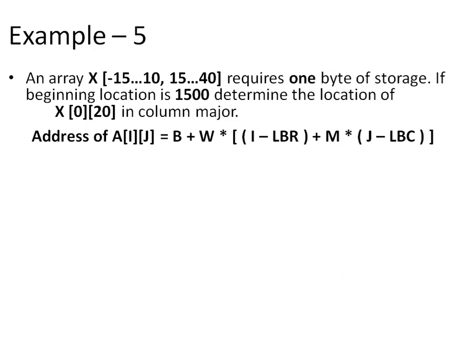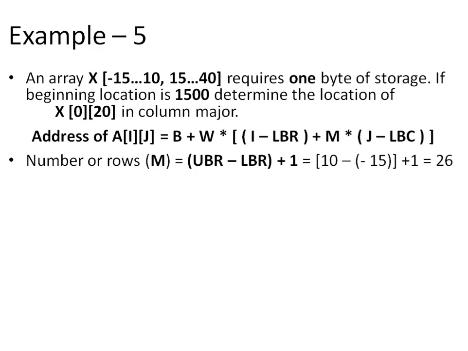So we have to use the corresponding equation, that is the equation for column major order. Here we need the total number of rows only, that is m. It can be computed using the formula upper bound minus lower bound plus 1.